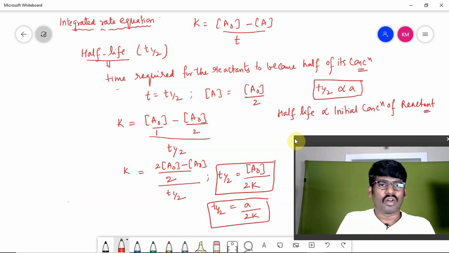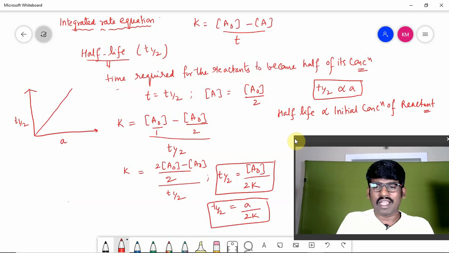You can draw the graph also. If you draw the graph between half-life and initial concentration, you'll get a straight line passing through the origin. From this relation we can understand that graph.